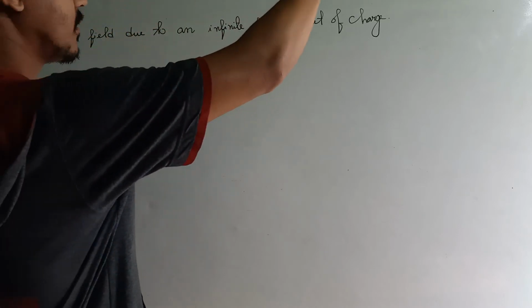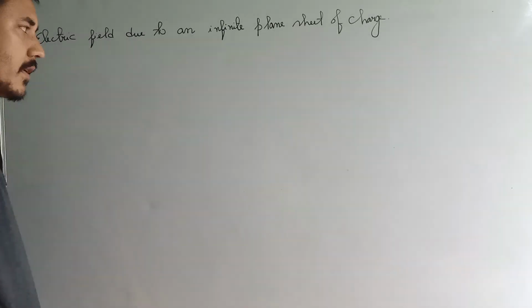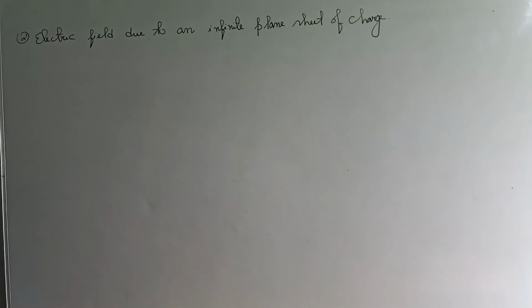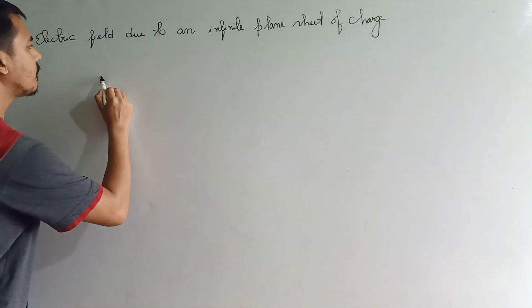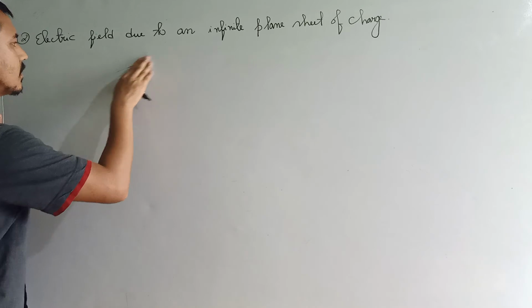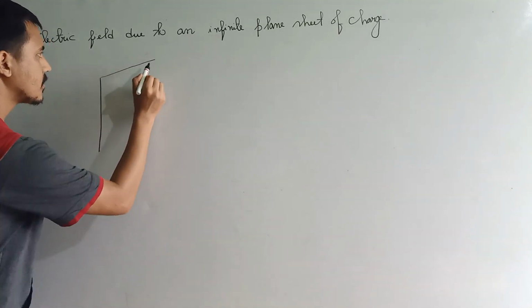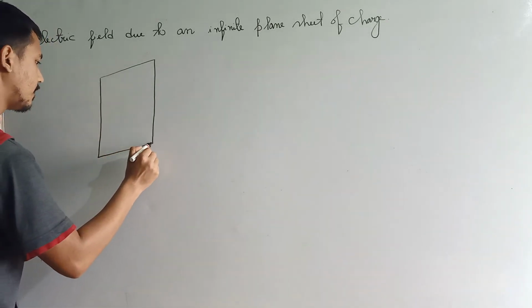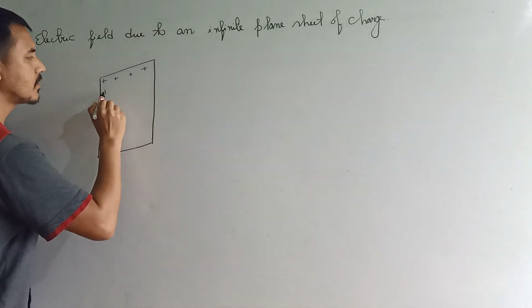you have a sheet carrying charge, and the area of that sheet is infinitely large. Its area cannot be determined. So what I'm going to do is draw an infinite plane sheet of charge. Let's say this is your infinite plane sheet of charge.